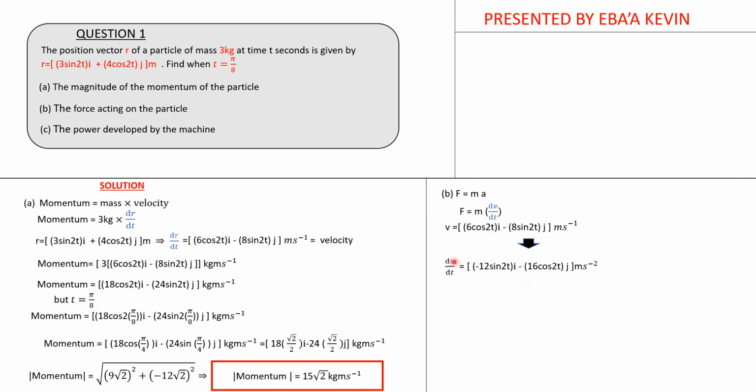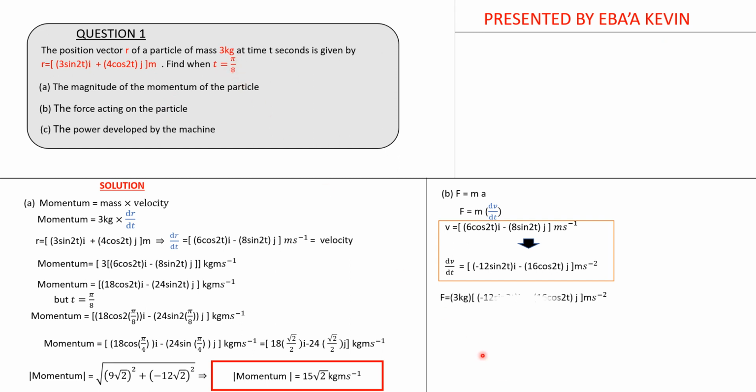Now since we already have the acceleration and we already have the mass, these two parameters are enough for us to answer this part of the question, that is the force, having in mind that t is equal to pi divided by 8.